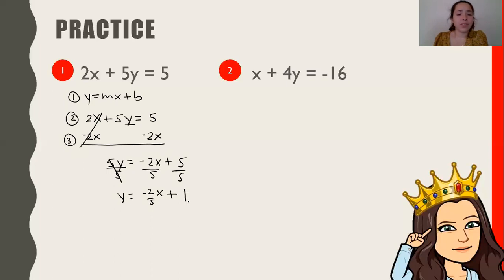Five divided by 5 is 1. So when I graph this, I know that my slope is going to be negative 2/5. And I know my y-intercept is going to be 1.